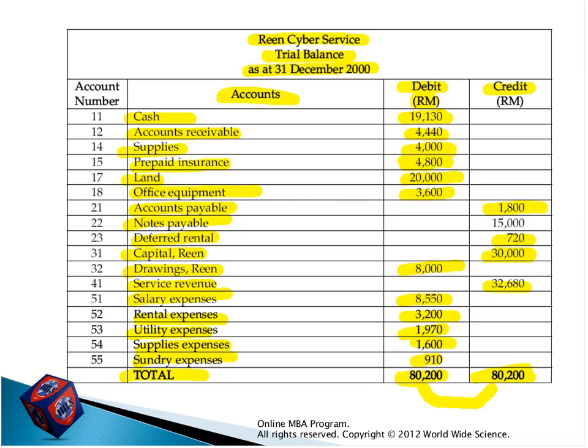When we have equality between the debit and credit, that means the Ring Kyber service company has prepared a correct trial balance, and all information should be true, we hope, and all transactions are recorded in the correct way. Okay.